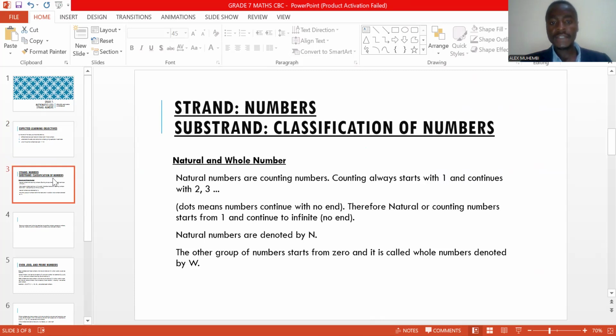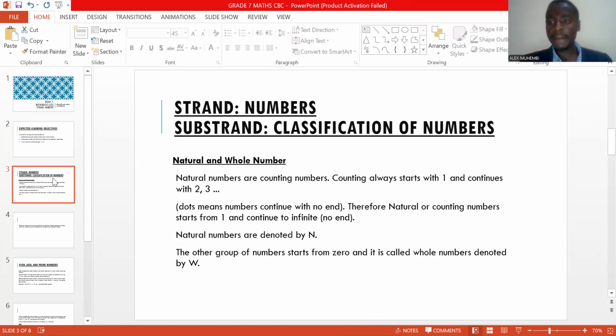As I've said earlier on, we are going to major on numbers. Our strand is going to be classification of numbers. So first of all, let's start by looking at natural and whole numbers. We have various classifications. Of course, I can simply list them.